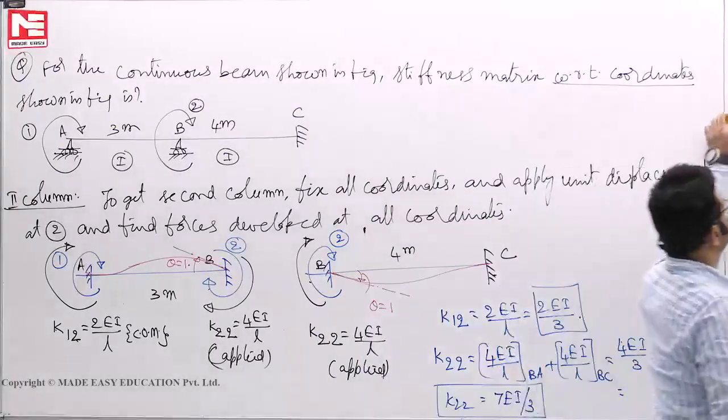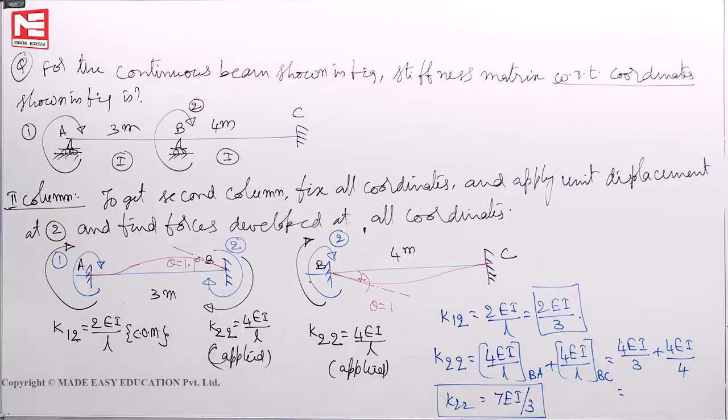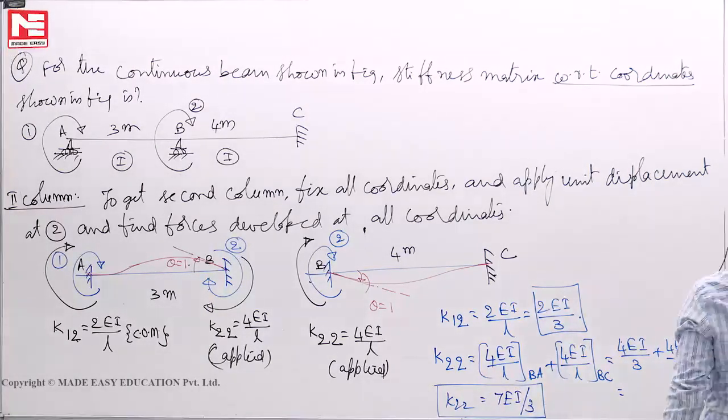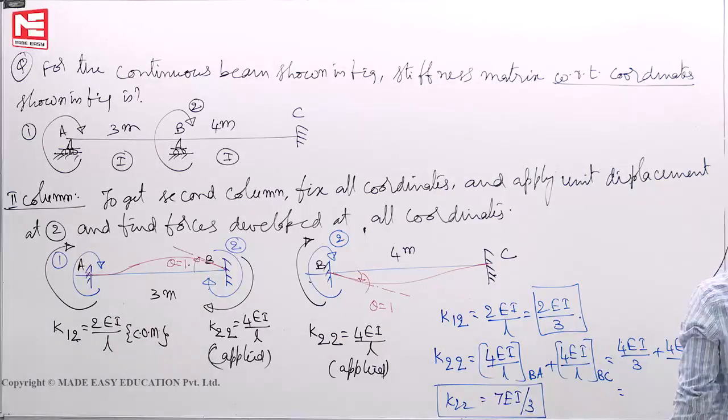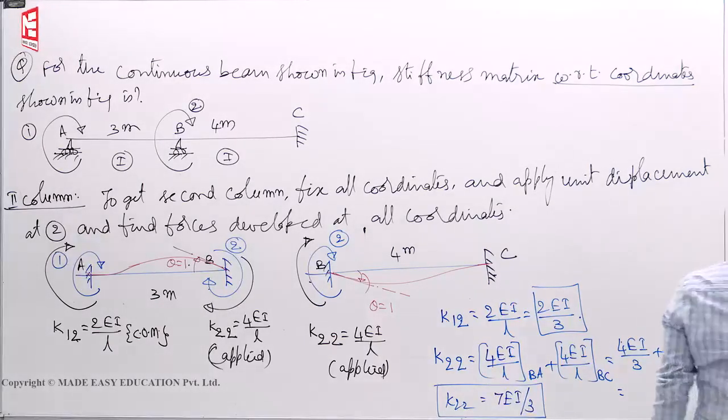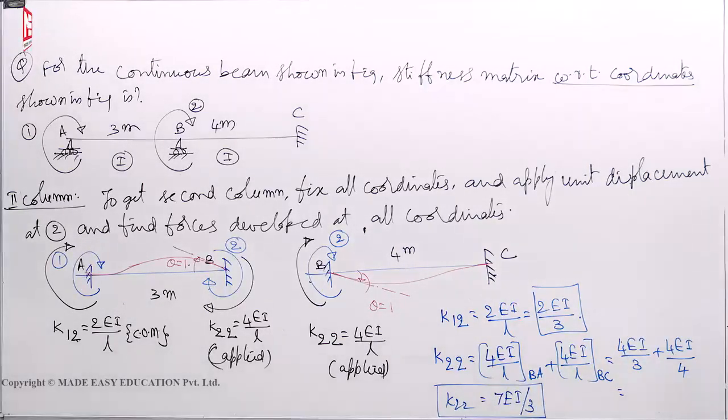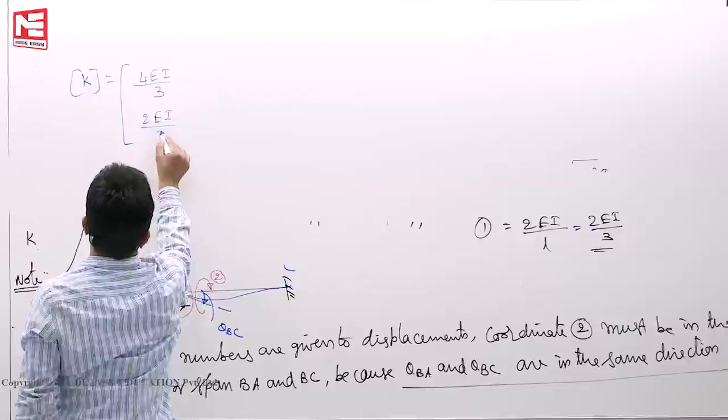So now your stiffness matrix is like this. K, the first column what we got is this one. K11 is 4 EI by 3, K21 is 2 EI by 3.